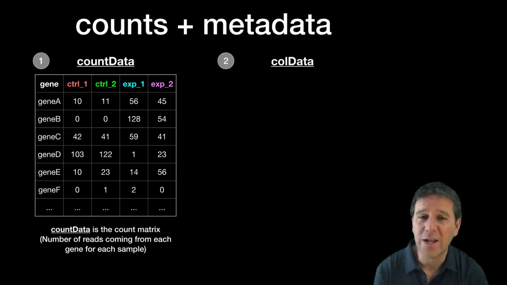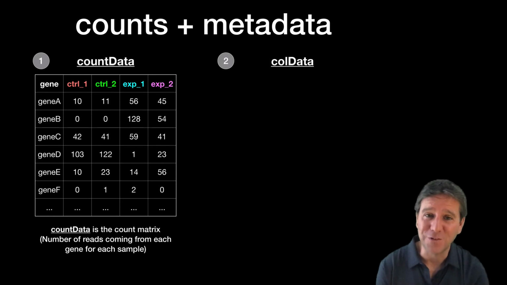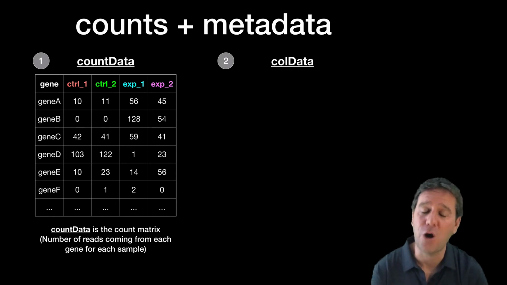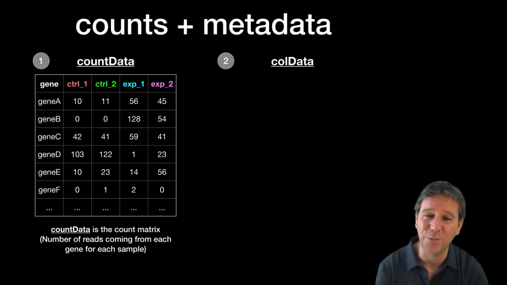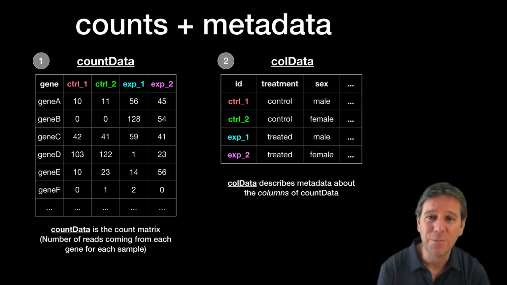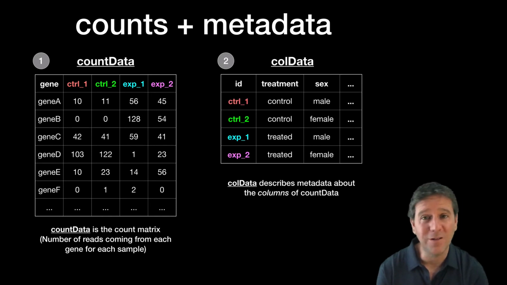Now, there is a vitally important second piece of information that we always need before we analyze data like this. This is called the metadata about the columns of the count data. So it's often called colData because it's telling us about the columns of the count data. That's the terminology used by many of the analysis programs that we're going to use. And this metadata is a small little table, just like this one here, that describes the columns. Right?